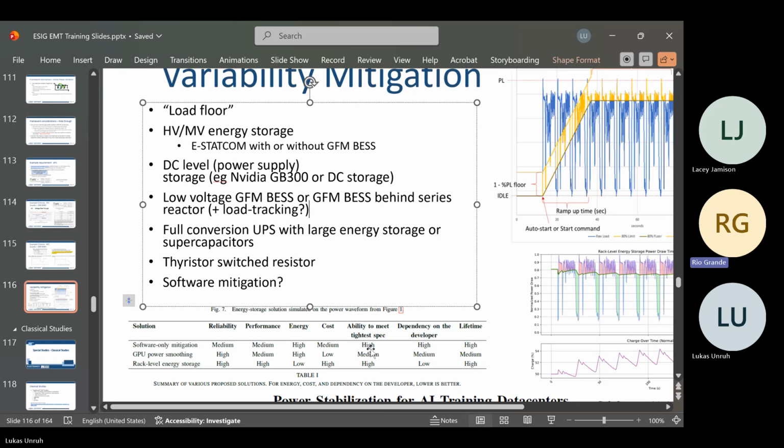And the fourth one here, so full conversion UPS with large energy storage or supercaps. So this would be basically having, probably at medium voltage, a series of back-to-back UPSs, or just back-to-back inverter systems that decouple the two systems from each other, and then all the fluctuations from the load get buffered by the DC bus of this back-to-back inverter system.